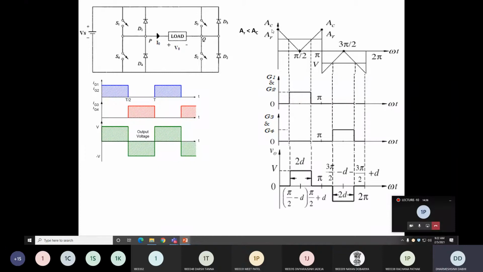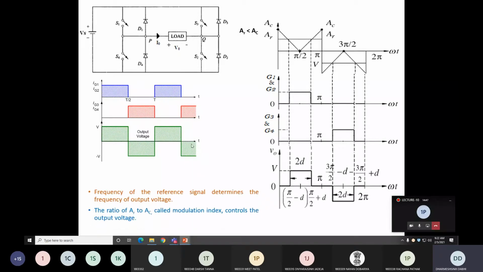The ratio of AR to AC is called the modulation index, and this index is used to control the output voltage. Depending upon the value of this ratio, your output voltage at the load side is controlled.